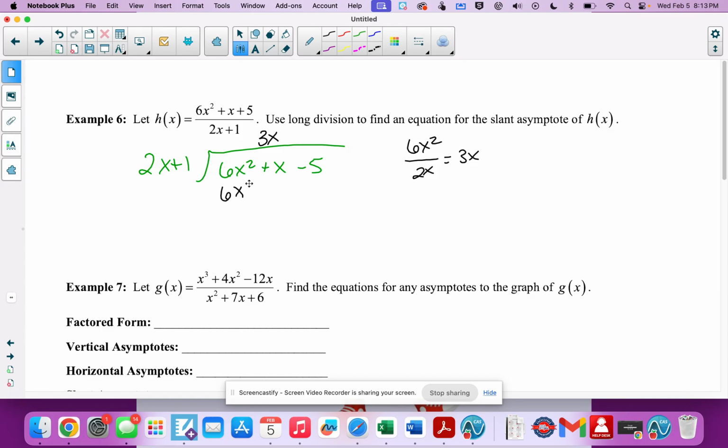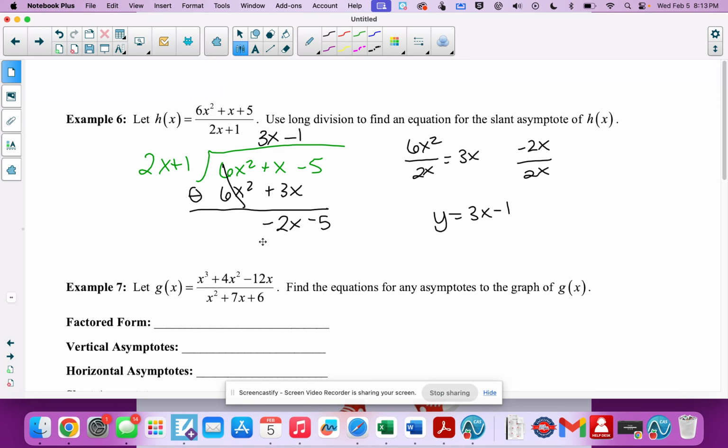Okay, multiply it out. Make sure you distribute and that you are actually subtracting both sets. X minus 3x is negative 2x. Carry down the negative 5. And now my new first term is negative 2x divided by 2x. That's negative 1. I can stop. This is all I need if I want the slant asymptote. It is y equals 3x minus 1.